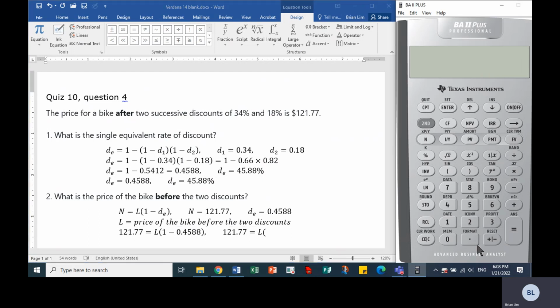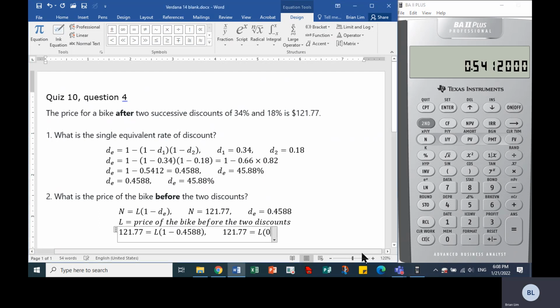Sorry, it disappeared. All right, let's turn it back on. 1 minus 0.4588 would give us 0.5412.